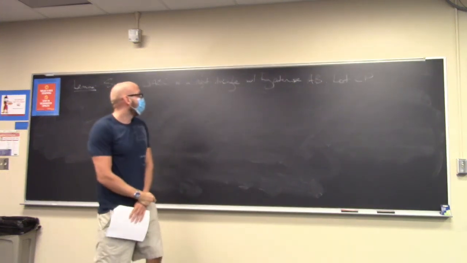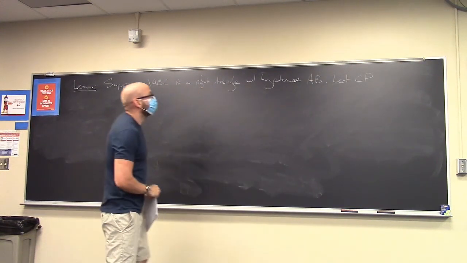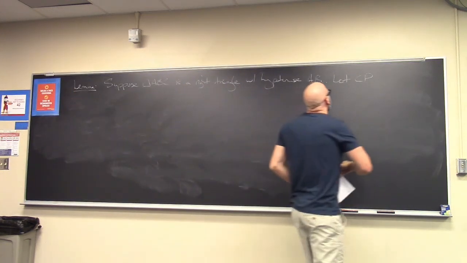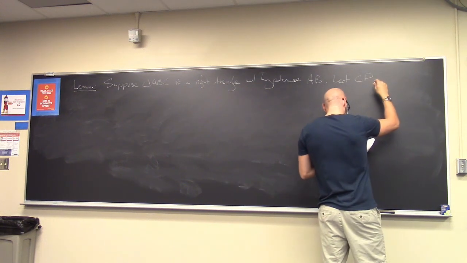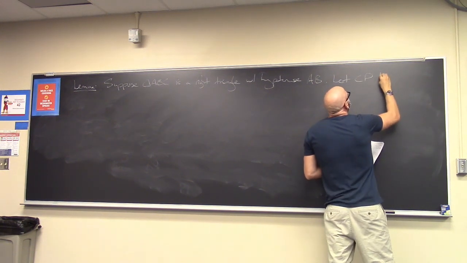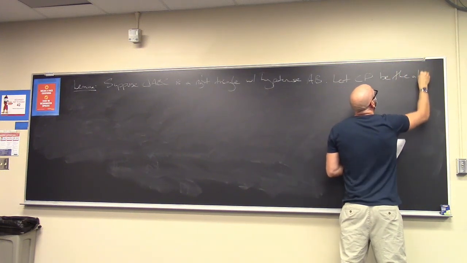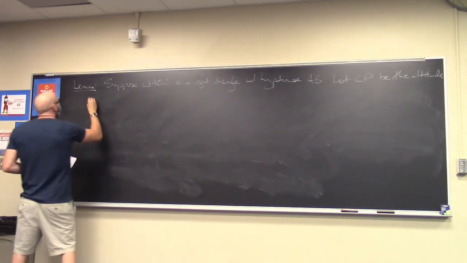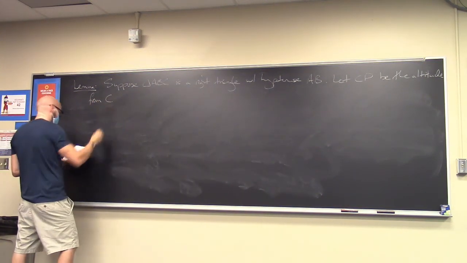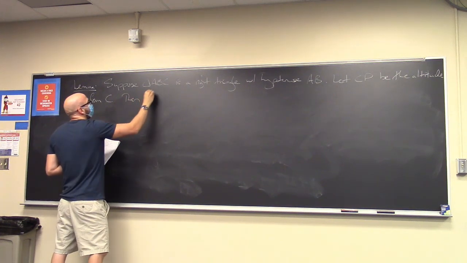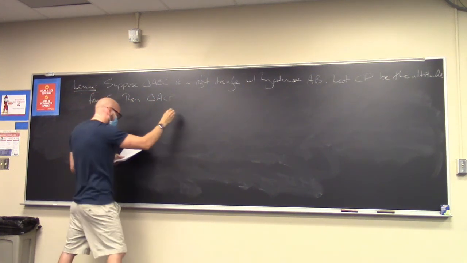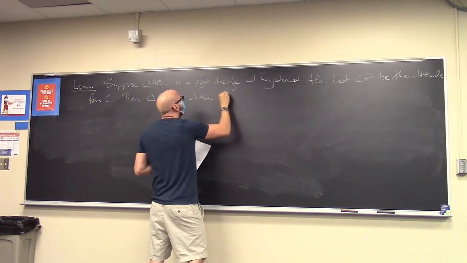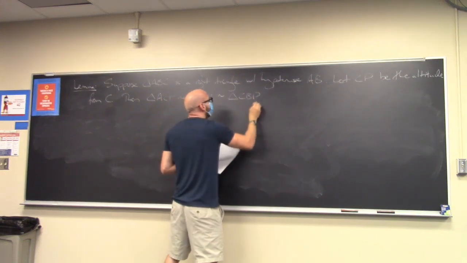C is a vertex of ABC. P will be the point that makes segment CP an altitude. So let CP be the altitude from C. Then triangle ACP is similar to triangle ABC, which is similar to triangle CBP.